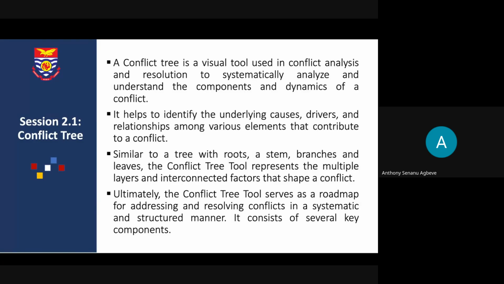So just like that, without the sources or the root causes of any phenomenon, there wouldn't be any conflict. So if you want to understand a conflict, you need to look at it from this perspective. And as a conflict analyst, if there's any given conflict you want to analyze, you may want to use any one that you think is suitable for you to analyze that conflict, right?